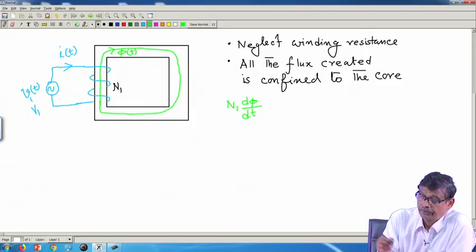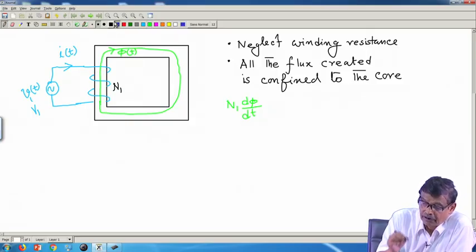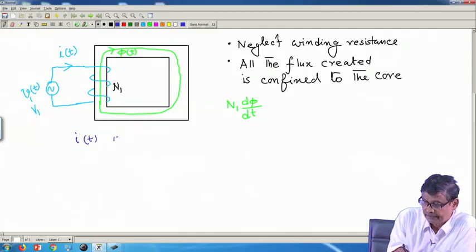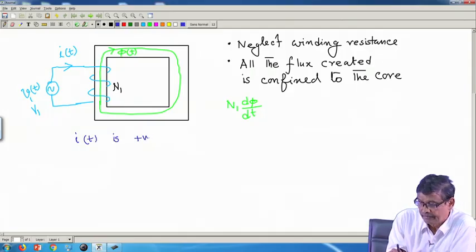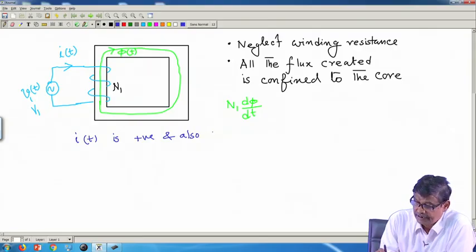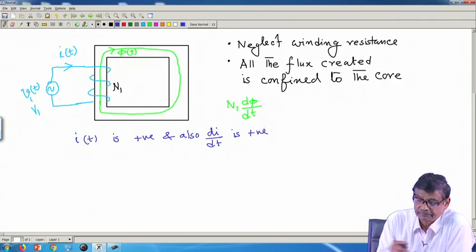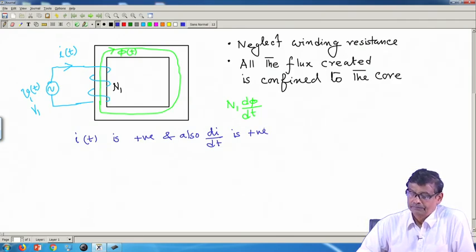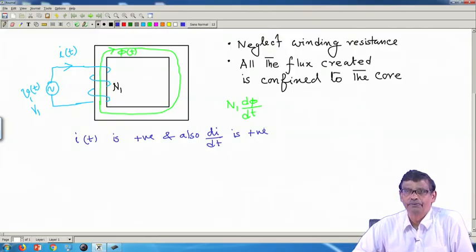So, i(t) is positive, and also dI dt is positive. That is, current is increasing and also having a positive slope.